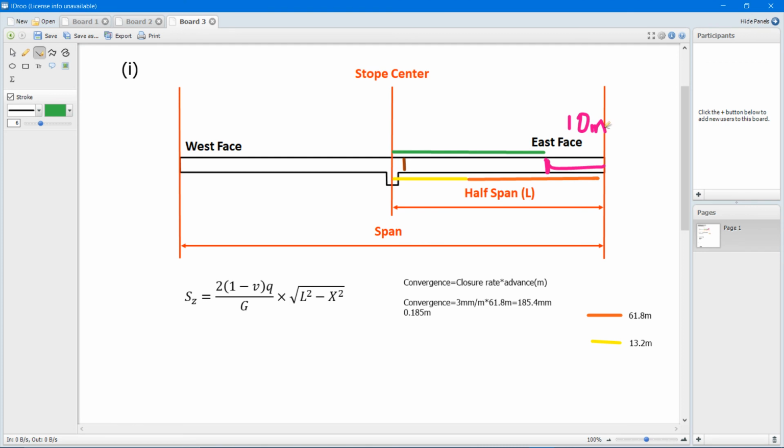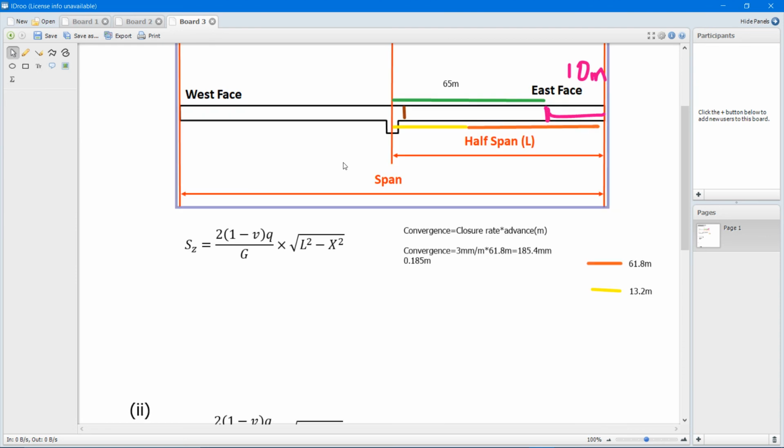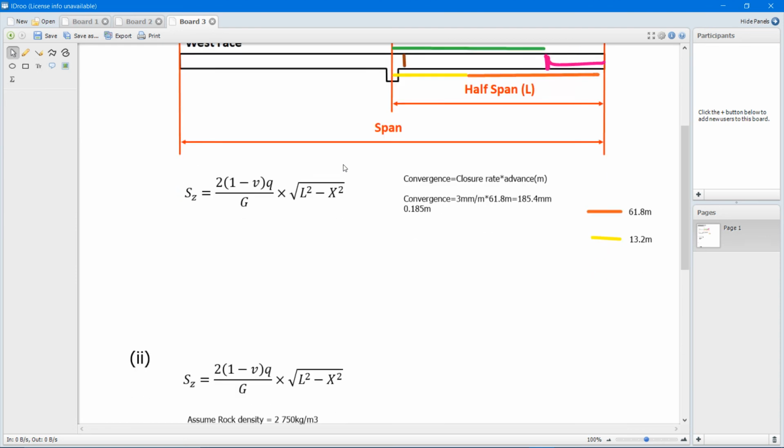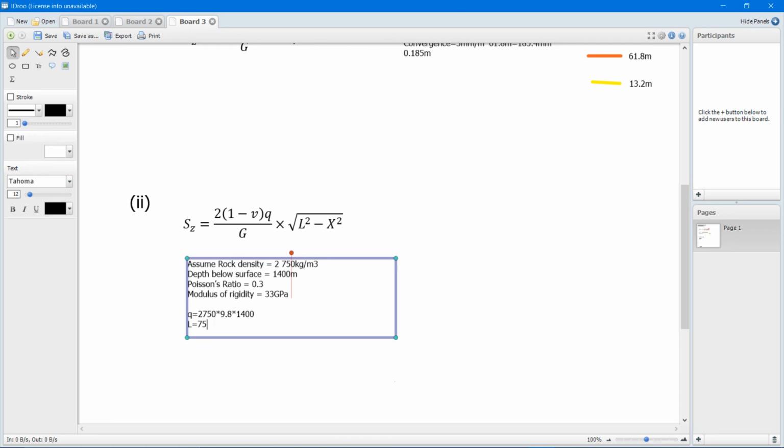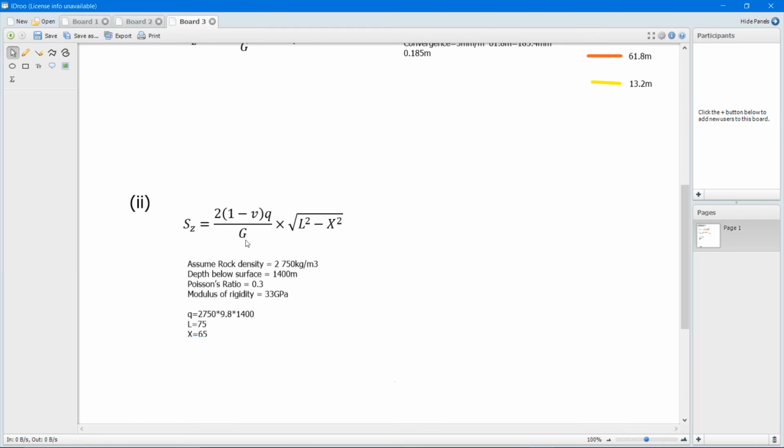X. So x is 10 meters from the face, which is 75 minus 10, which means this is 65 meters. So we now have x. X is equal to 65. So you simply substitute into your calculator and see what you're getting.